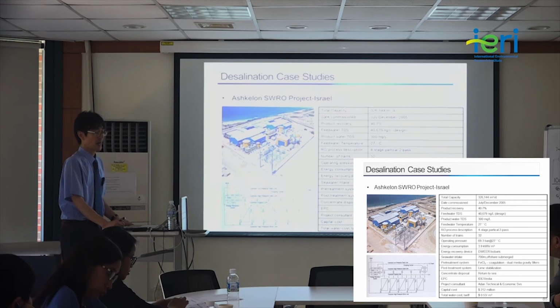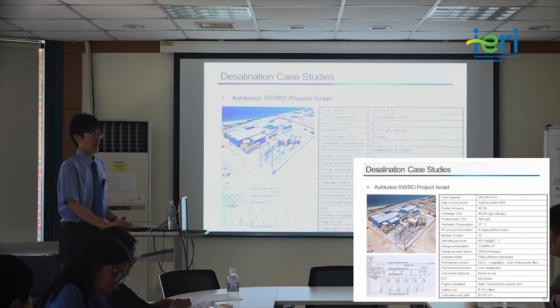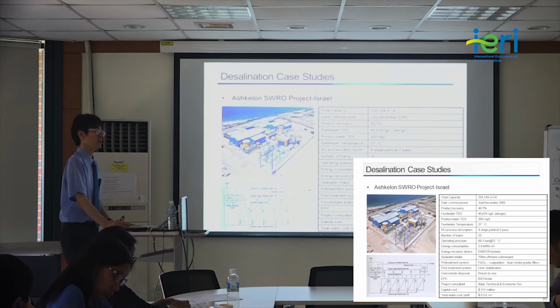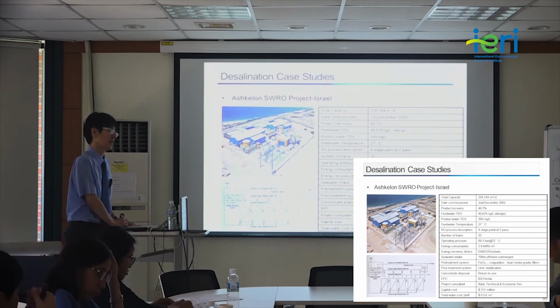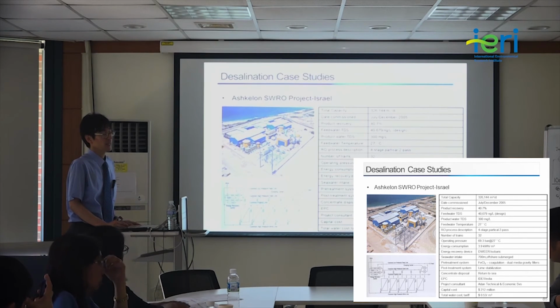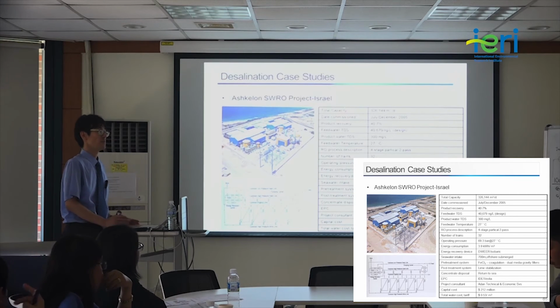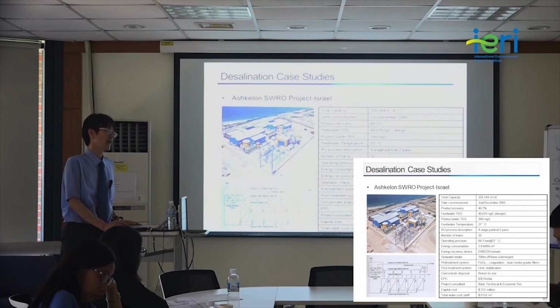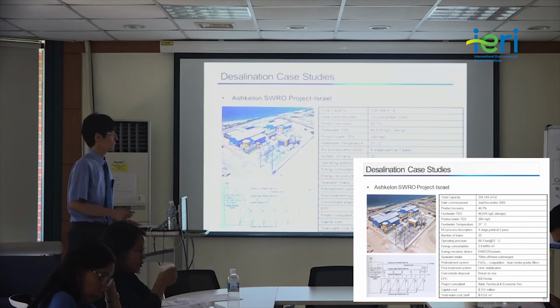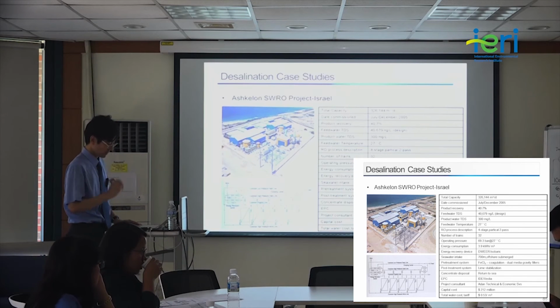The advantage of having a pump station is, as you've already seen in the previous slides, if you increase the pump size or plant size, we can increase the pump efficiency so that we can reduce the specific energy consumption. And in this case, although they did not change the plant size, by changing the pump size, they can have the same benefit. So this is why they use the pump station.